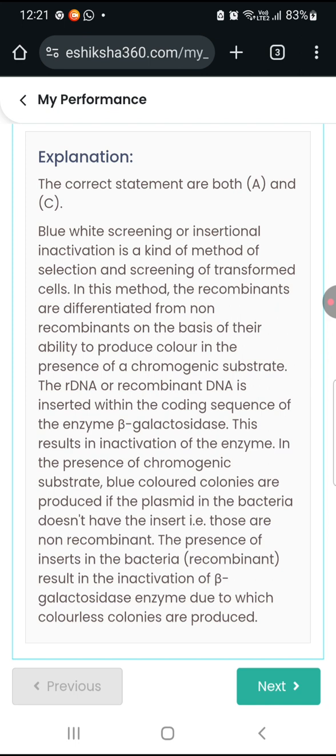The rDNA, or recombinant DNA, is inserted within the coding sequence of the enzyme beta-galactosidase. This results in inactivation of the enzyme in the presence of chromogenic substrate.